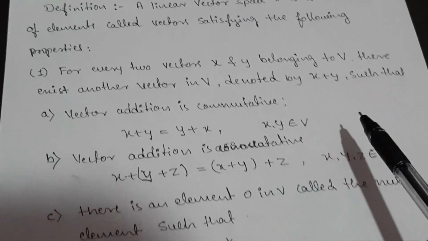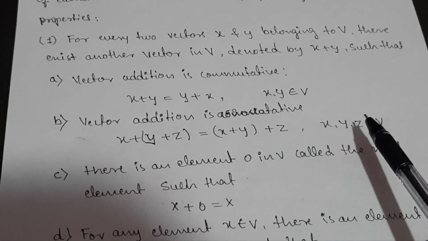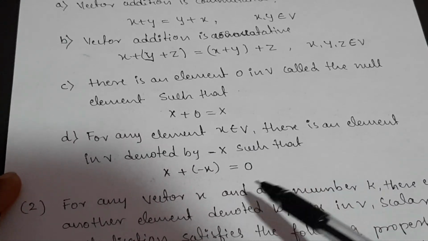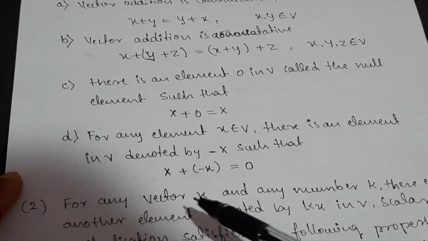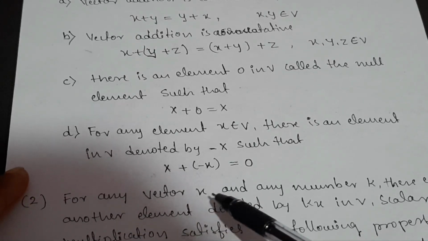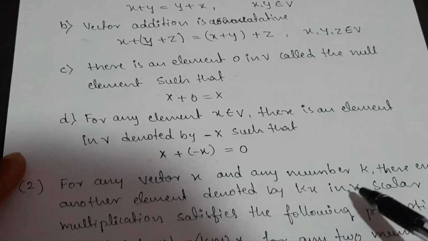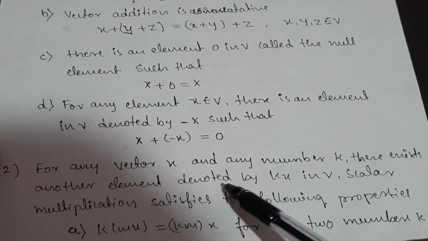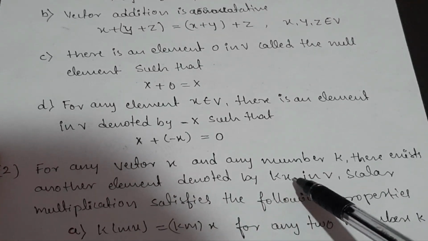Okay, so another property is scalar multiplication. Second property: for any vector x and any number k, there exists another element denoted by kx.